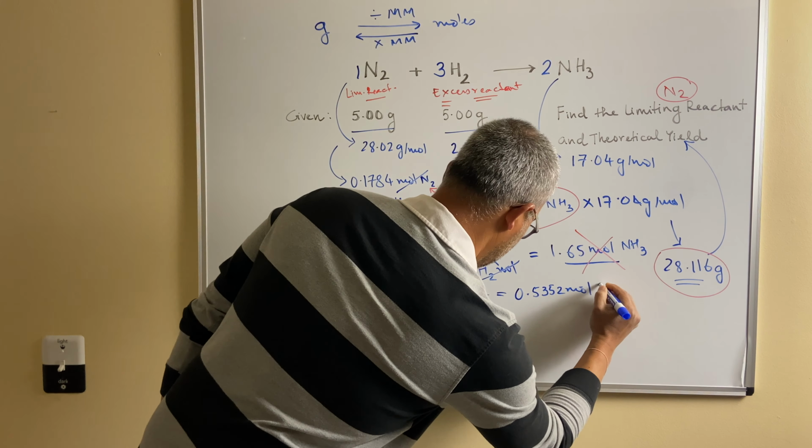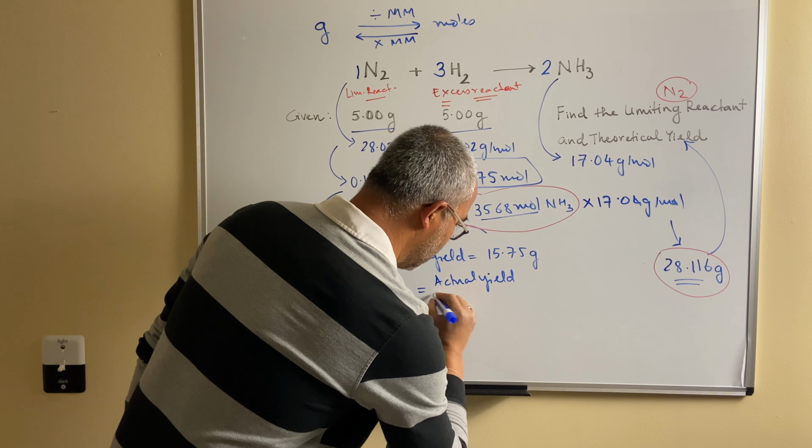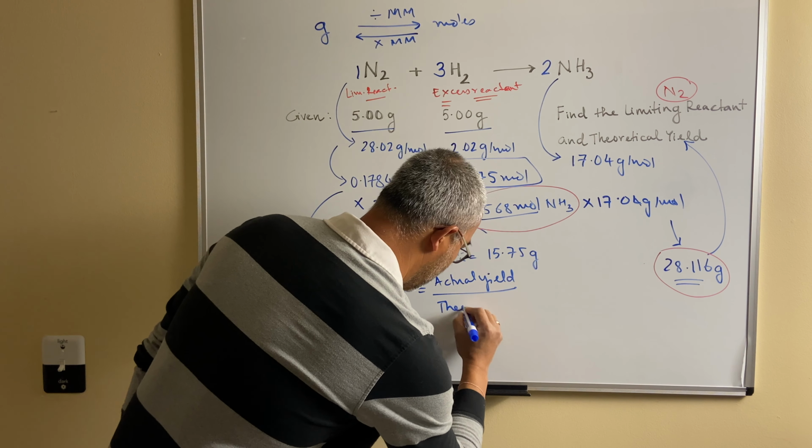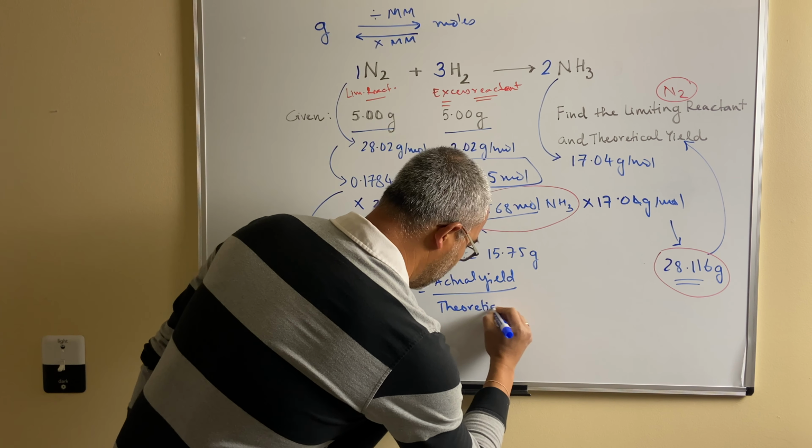All right, so now we can calculate the percentage yield. The percentage yield is equal to your actual yield divided by theoretical yield times 100.